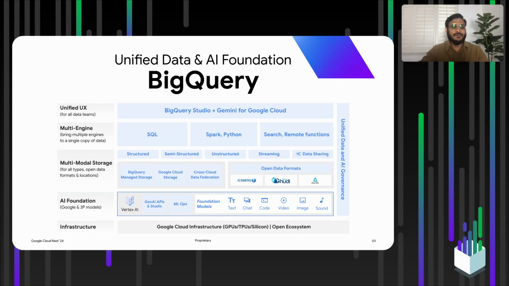That way, you can also take advantage of the foundation models, or the Gemini models, on top of the data that is sitting in BigQuery. That way, you don't need to move the data to take advantage of the foundation models and do generative AI use cases. In a way, you're bringing AI close to the data, or close to BigQuery.